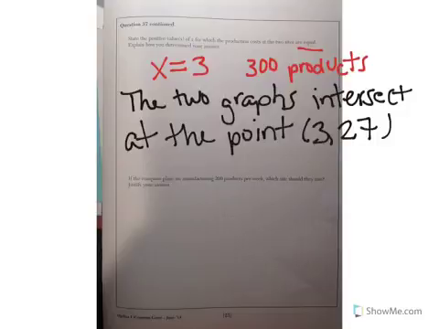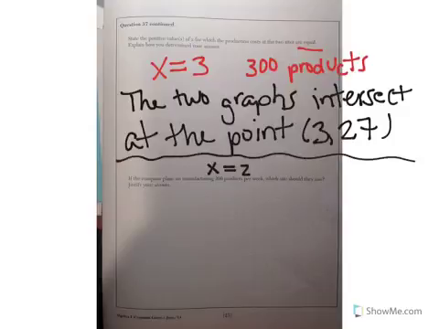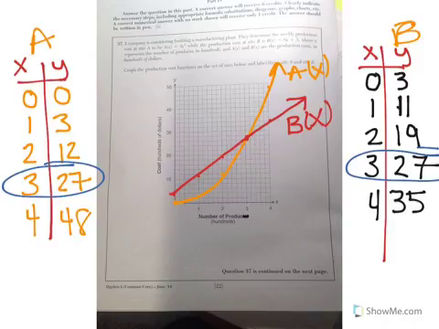That's where they intersect. Okay, so the last part of this question says, if the company plans on manufacturing 200 products per week, so remember at 200 products, that's when our x value is 2, which site should they use? If we go back to our graph, at 2, we're looking right here.